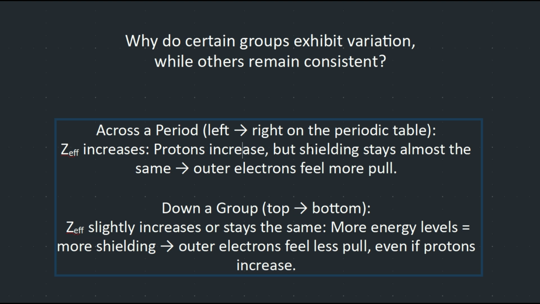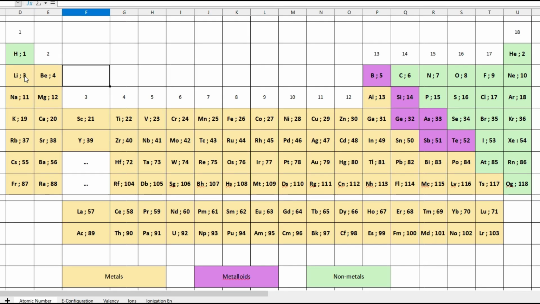When moving from left to right, the number of inner electrons will not change. So while the number of outer electrons is increasing, the shielding effect will remain the same, while the number of protons increases.